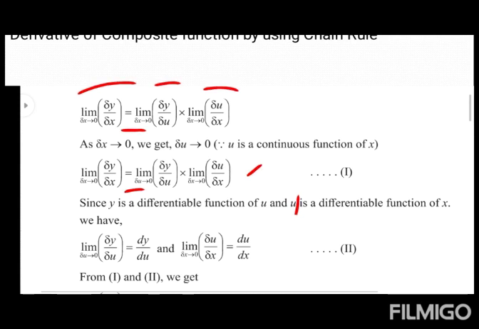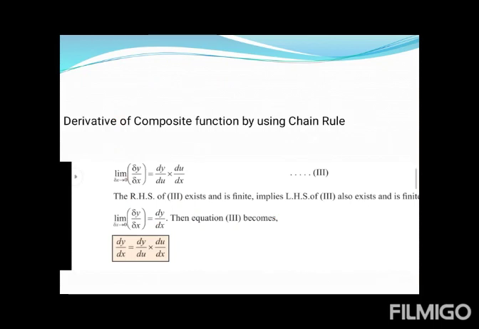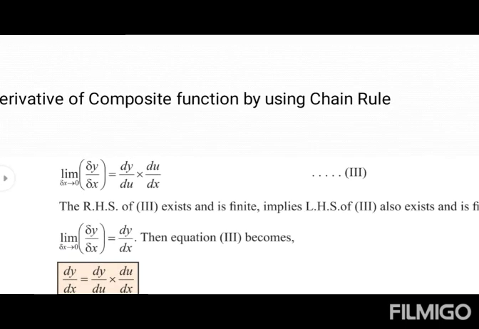Now comparing the first and second, the right hand side of the first equation will be replaced. In other words, the value of the second equation we substitute in the first equation. See the next step: the right hand side has been replaced by dy by du and du by dx.